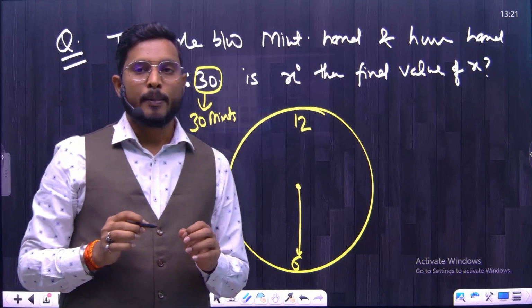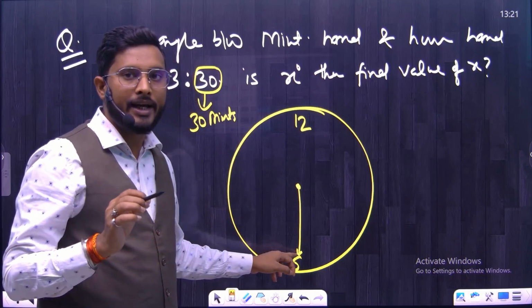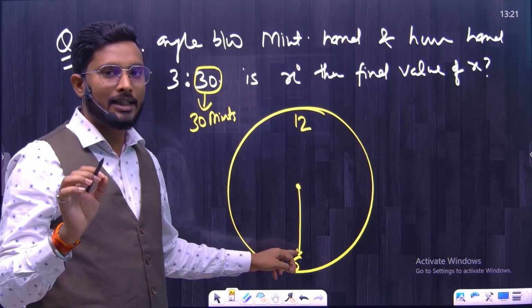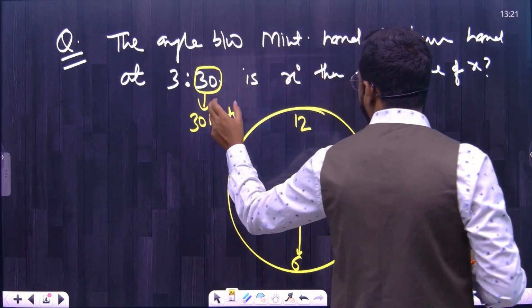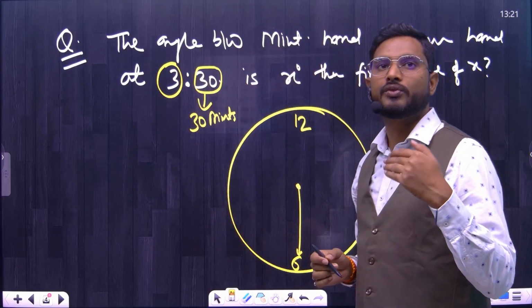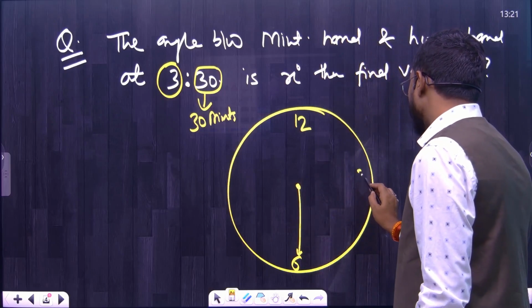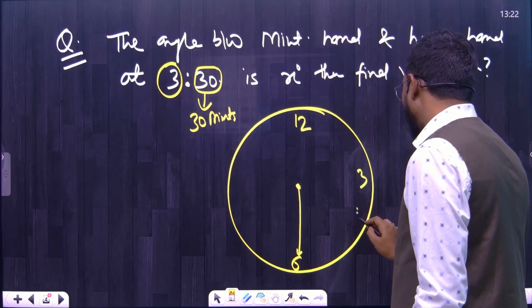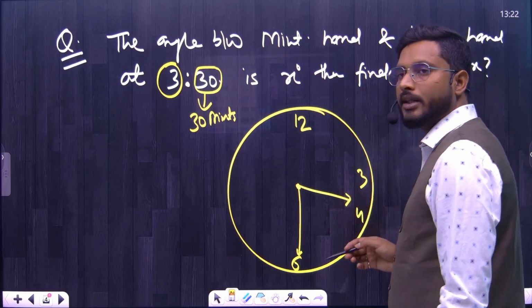So the minute hand will be at 6. Now what is the position of the hour hand? Because it is past 3, we can say that the position of the hour hand is between 3 and 4.